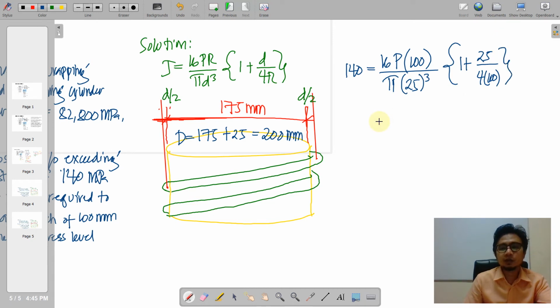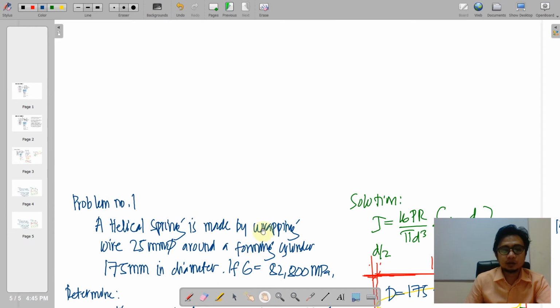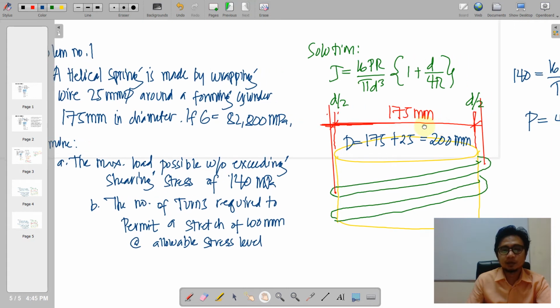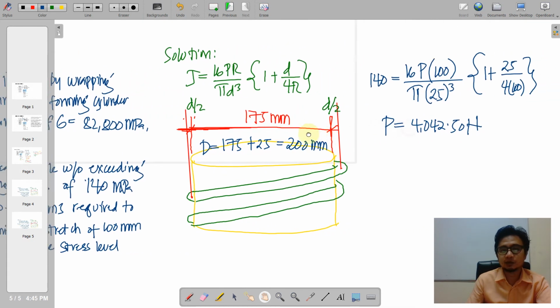So if we now notice, the single unknown in the equation is the loading, given that this is 140 megapascals. So P here is equal to 4042.5 Newton. So this is the loading required, or the maximum loading possible without exceeding our allowable shear stress of 140 megapascals.